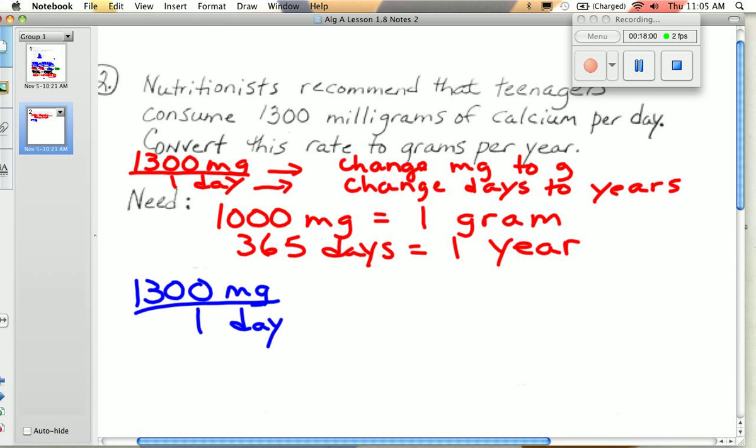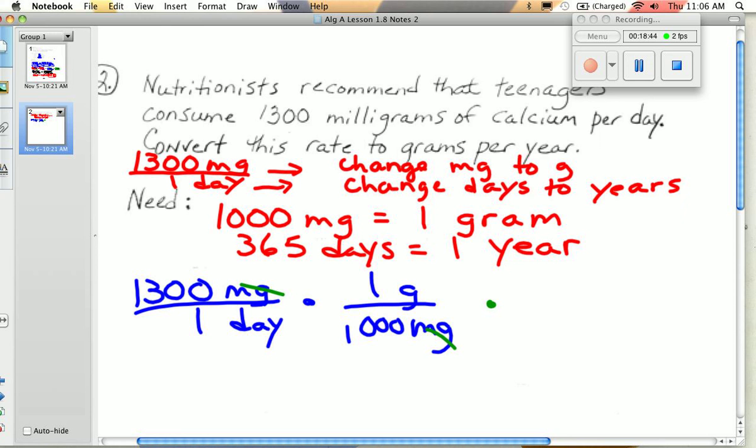Which one do you want to deal with first, the weight or the time? You get to pick. Weight, okay. The milligrams are up, so we need them down in our conversion factor, don't we? So we look at our conversion factor, and it says there are 1,000 milligrams in 1 gram. Our milligrams will cancel. That was our goal. Now we multiply by the conversion factor that will change the time.